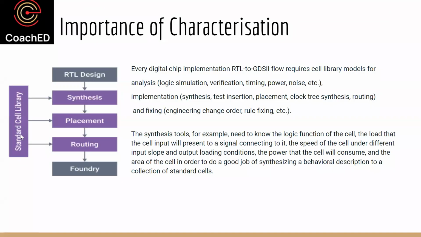This cell library is passed as input to these steps, and all the analysis for power or timing, that means for performance, for races, and so on, requires the availability of these models, these .lib files. So this is essential for an ASIC design flow.